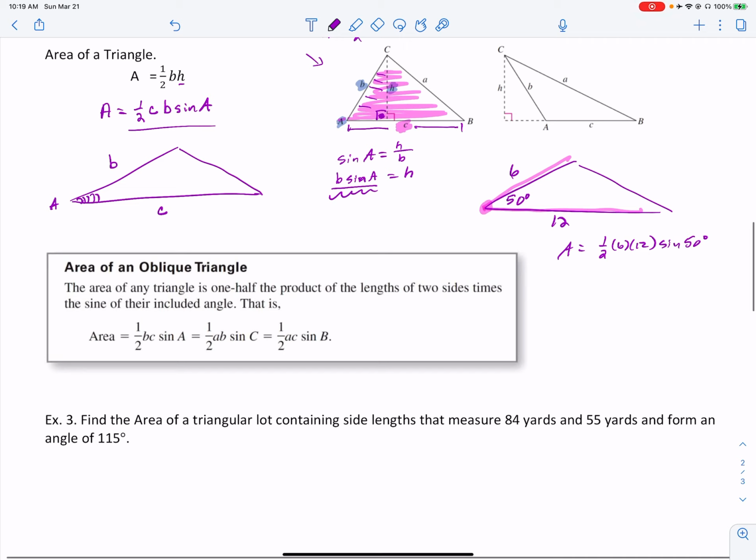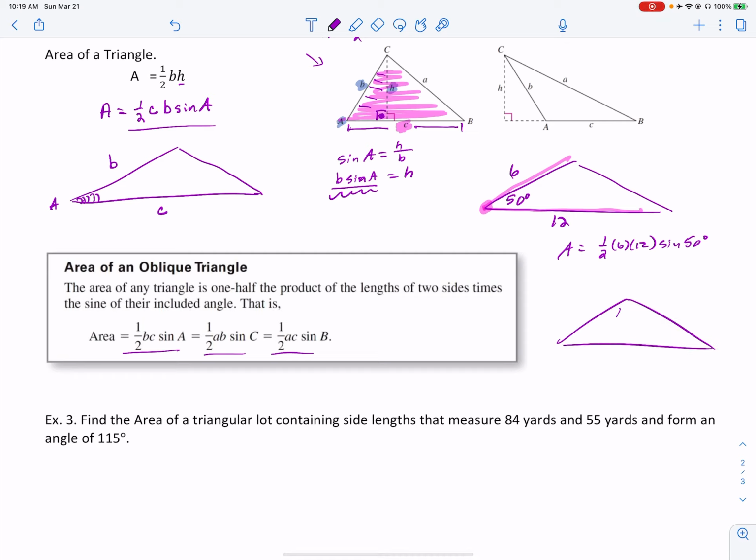Now, they come down here in this box and give you 3 different formulas. But if I know that this angle is 110 degrees and this is 8 and this is 5, it's important that those two sides create that angle, the included angle. The area is going to be 1/2 of 5 times 8 times the sine of 110 degrees. And it doesn't have to be a right angle to do that.